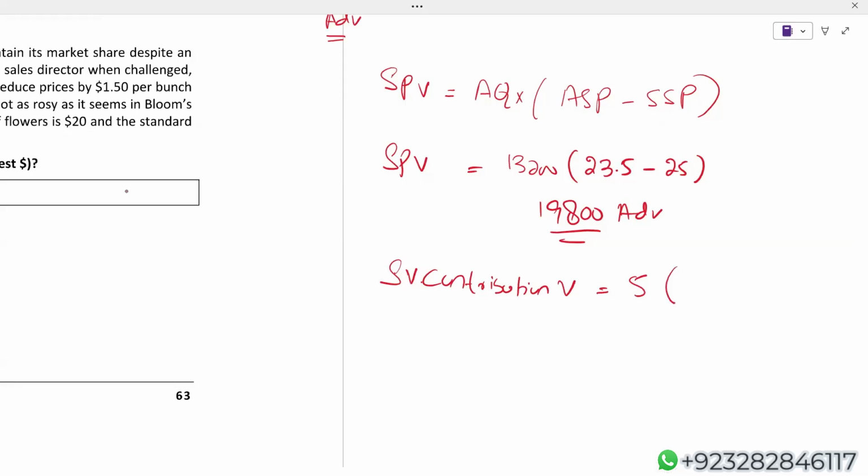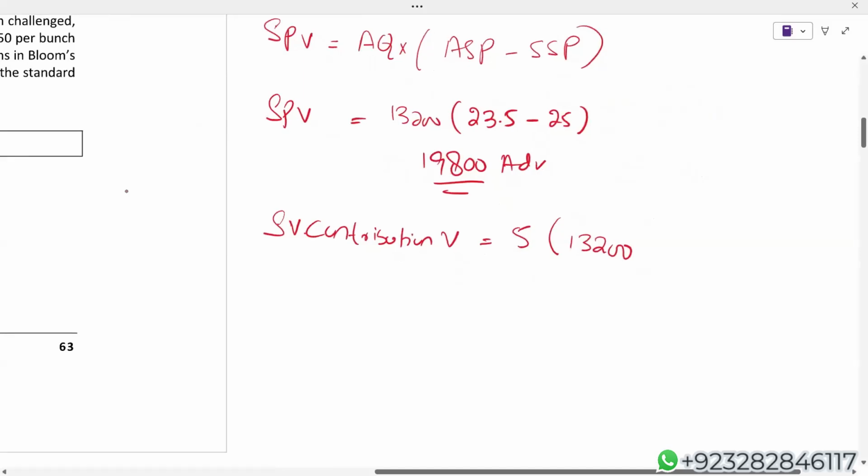If your actual quantity sold is more than the budgeted quantity, then your sales volume variance will be favorable. Actual quantity sold is 13,200 and the budgeted volume is 12,000. Let me use a calculator. I'm getting 6,000 favorable.